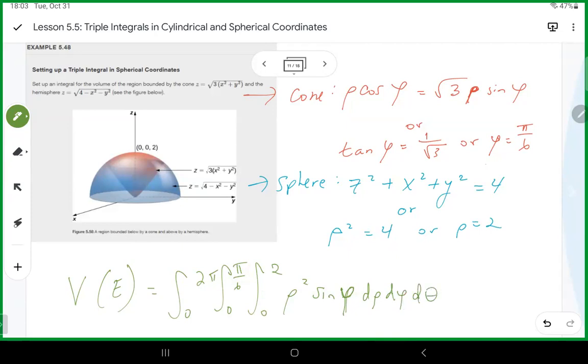Okay, and again, that's all they wanted. They didn't care if you figured it out for real, just the setup.